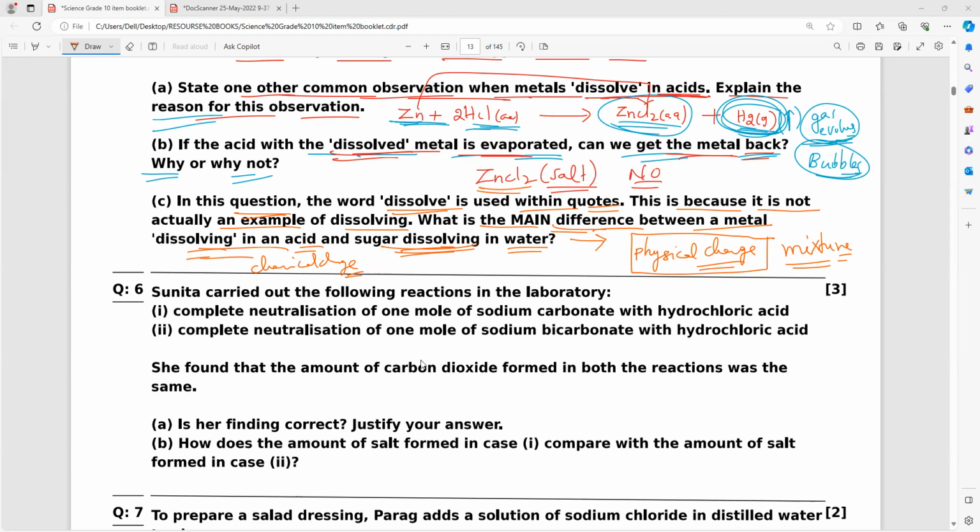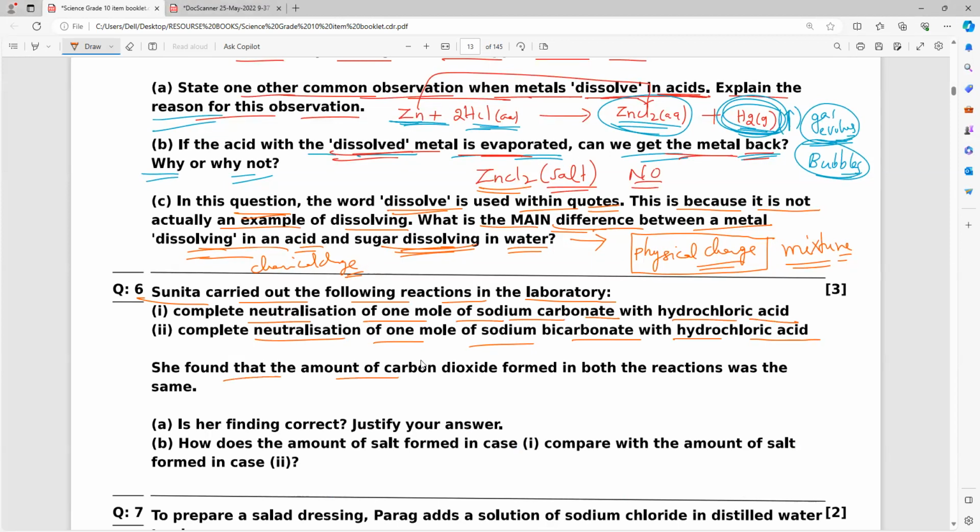Next question. Sunita carried out the following reactions in the laboratory. Complete neutralization of 1 mole of sodium carbonate with hydrochloric acid. Complete neutralization of 1 mole of sodium bicarbonate with hydrochloric acid.